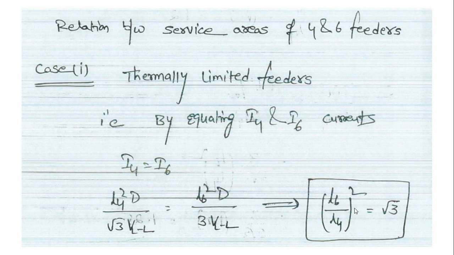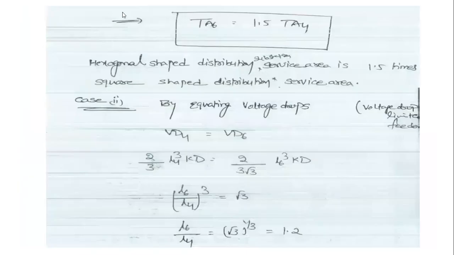Therefore L6 is equal to 3 into L4, and TA6 equal to 1.5 TA4.